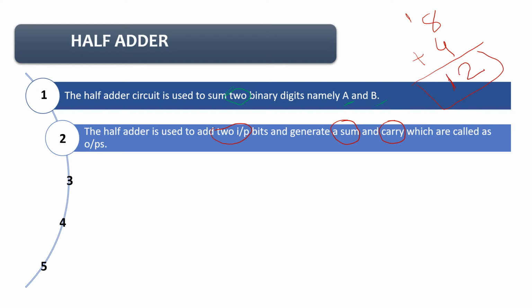So I got the 12, right? When I am performing an operation on single digits, I got a 2 digit answer. So here we can say that my 2 is my sum and the 1 is my carry. As simple as that. This is an example.